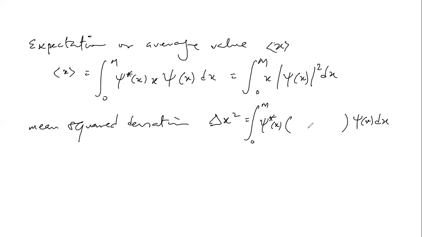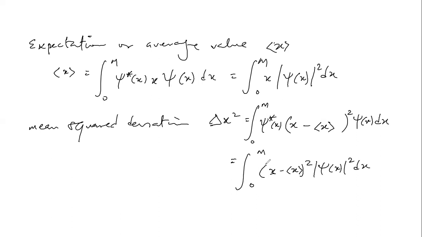Since it's the mean squared, we have to take the difference between x and the expected value, squared, okay? And then this is going to be the same as the integral from 0 to m of x minus the expected value, squared, times the probability density function dx.